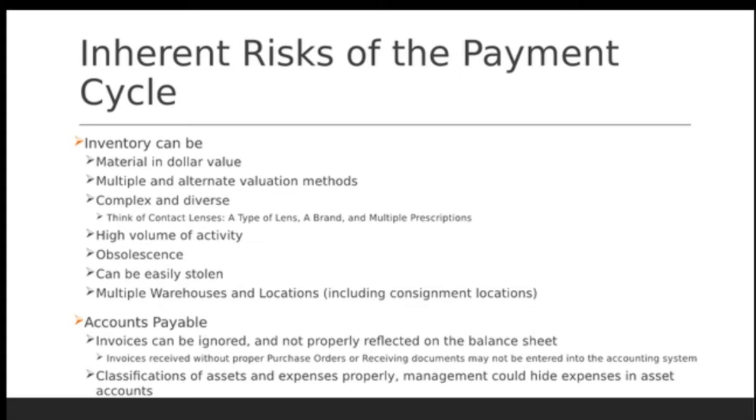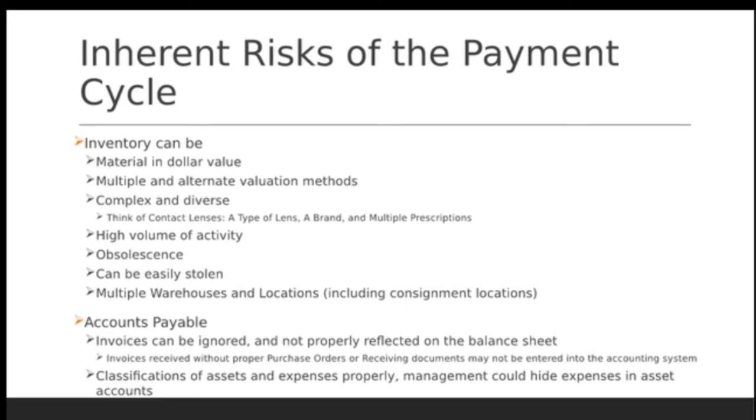Now, there could be high volume of activity, just like I talked about with those lenses. Tons of lenses going out everywhere all the time to different customers. You could have obsolescence, so there's obsolete inventory that nobody's using anymore. The best way to identify that when you're doing a walk-around is the dust that's collected on those boxes. It can easily be stolen.